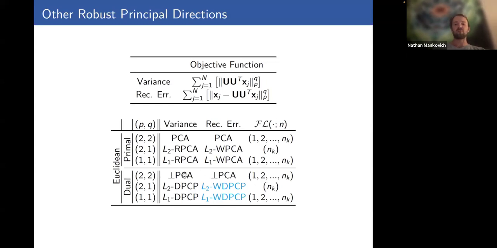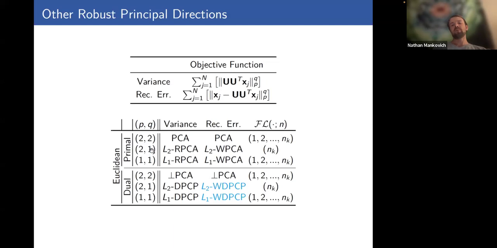Also, all 4 of these squares recover the same set of principal directions, orthogonal PCA and just PCA. If you optimize an objective function with P equals Q equals 2, you recover that. If you start working with Q equal to 1 here, so you remove the square, essentially you have your robust formulations.